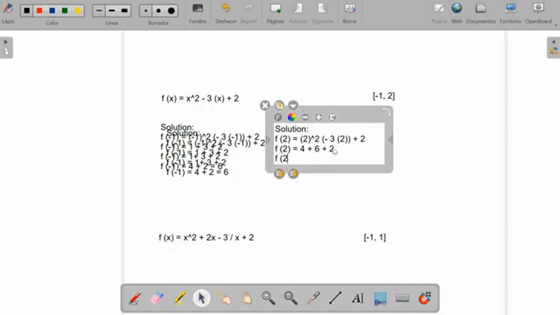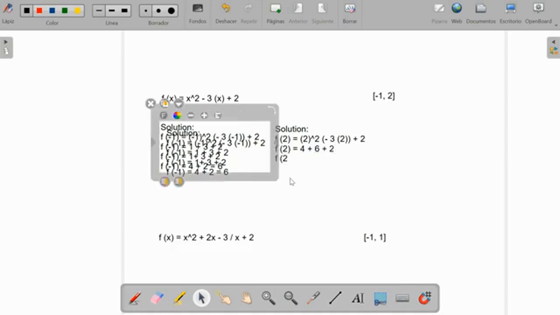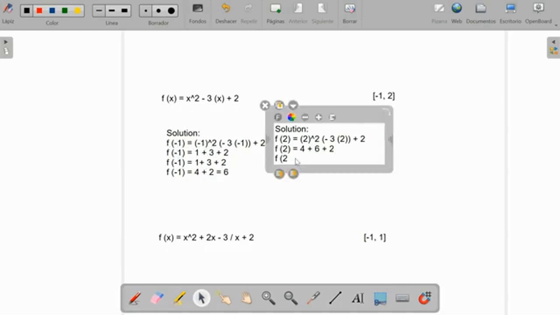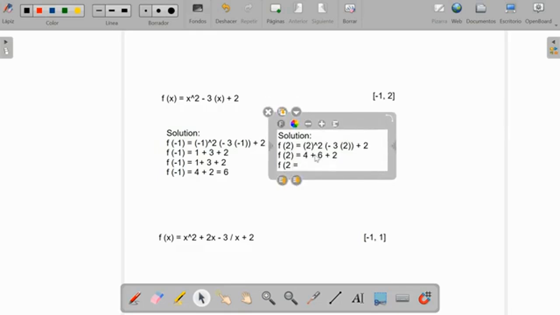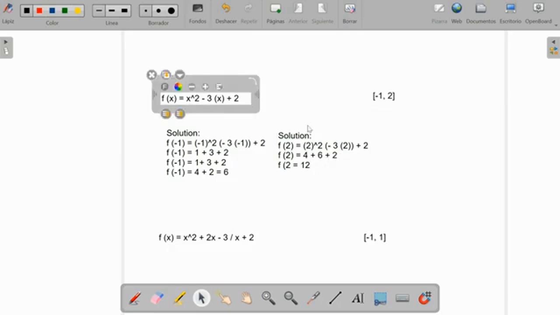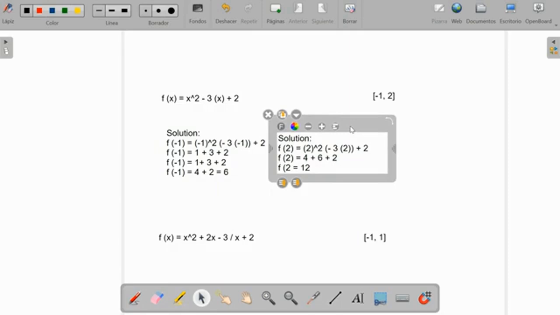Now f of 2, wait, let's erase this one. f of 2 is equal to 4 plus 6 plus 2 is equal to, if we take it, for example, 10, 12. And that's it. Because 10 plus 2 is equal to 12. And this is the theorem solution of these 2 points.